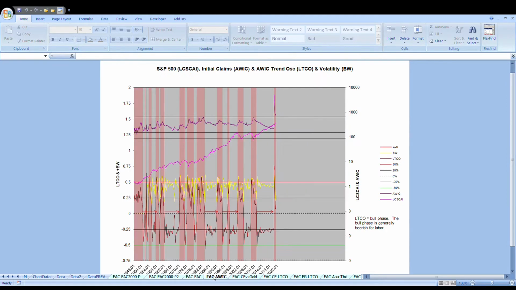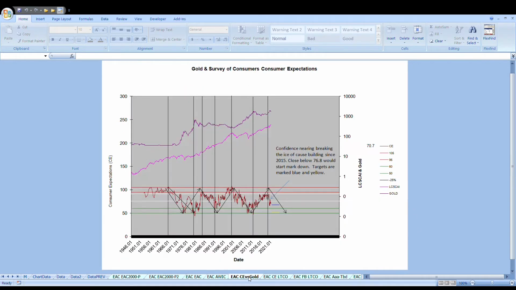This is a chart that's the labor that's inside the matrix. When you click on that chart, you're going to see whether or not labor is either in a contraction state or an expansion state. When it's in red, it's in contraction or it's in a bull phase. It says bull phase is generally bearish for labor. So these explanations are generated by the computer. Here's the confidence oscillator.